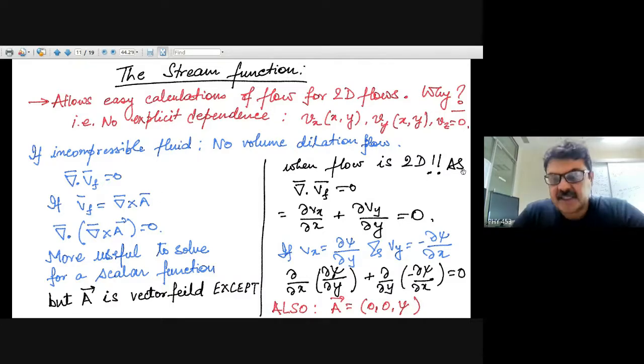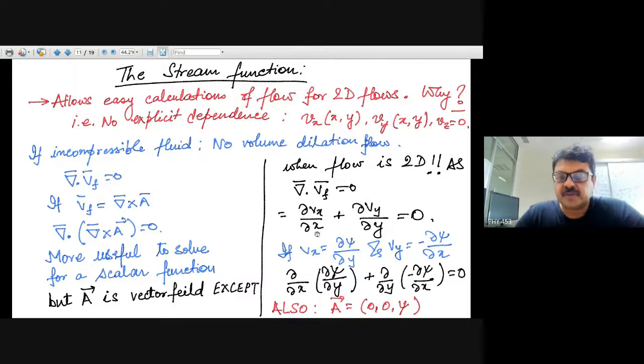And why is that? Because suppose there is no explicit dependence on the third direction, the z direction, it's a 2D planar flow, then there is no component of velocity in the z direction, right? It's identically zero. Then you can write del Vx del x plus del Vy del y equal to 0, which is a consequence of this divergence of Vf equal to 0.